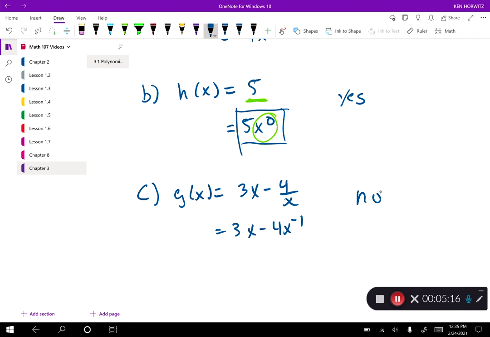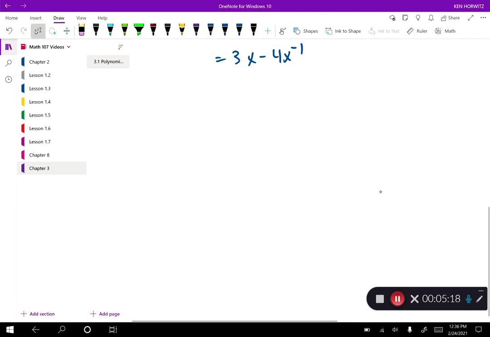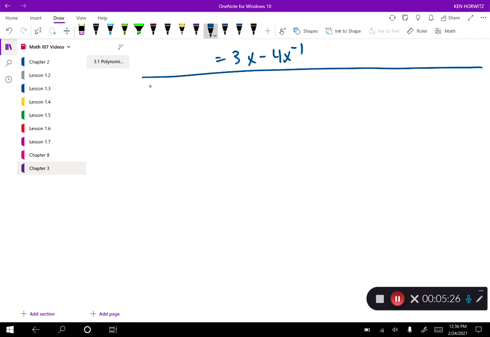All right. So there are many more examples that we can do, but let's talk about the advantages of knowing it's a polynomial. All right. And I said there were certain properties that you can count on if you can identify it is indeed a polynomial.